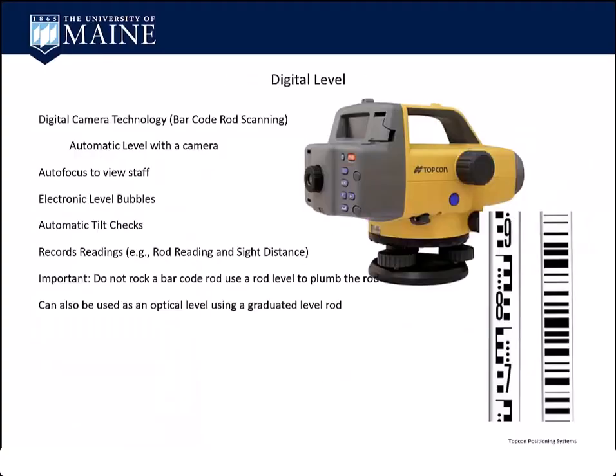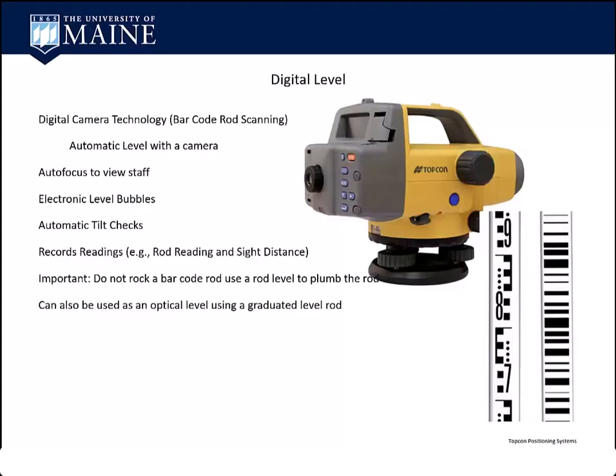And this is a digital level. It's an automatic level with a camera. It simplifies some of the work in that it has some automatic checks built in. It would read the rod on the right, the barcode. That's the camera part.